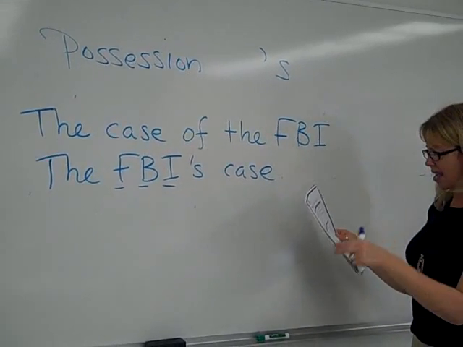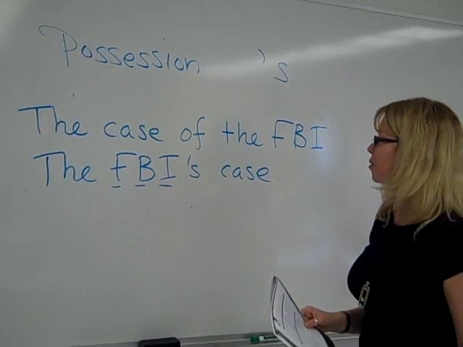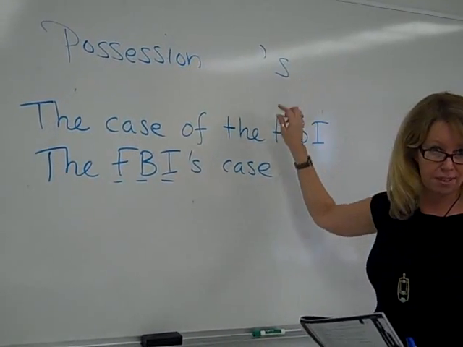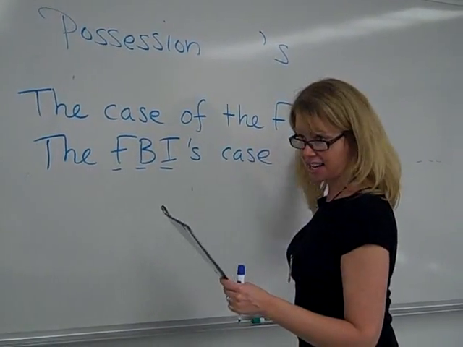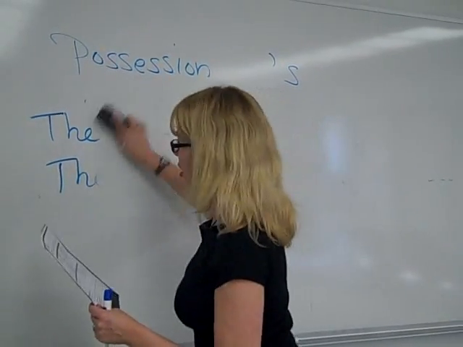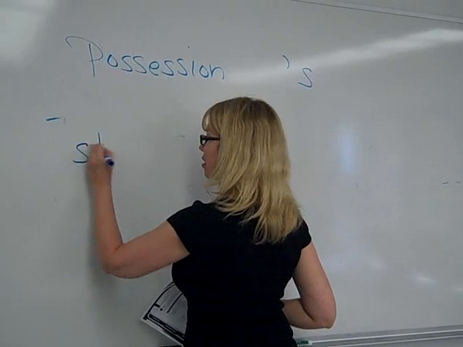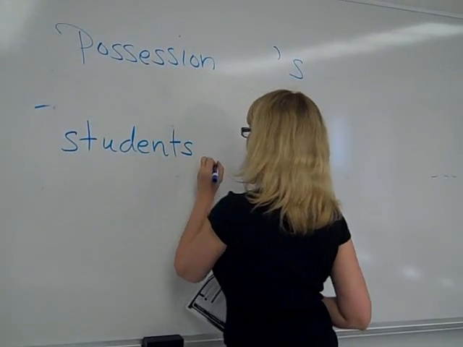Now let's look where it says add an apostrophe alone. So now we're showing apostrophe S for possession, but what happens when the word ends in an S? For example, the club belongs to the students.